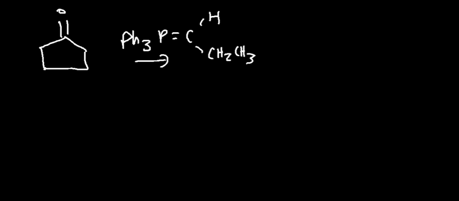By the way, this is called the ylide, or at least it's the resonance form of the ylide. Now, the Wittig reaction is very good in converting a ketone or an aldehyde into an alkene. So I'm going to redraw it like this.